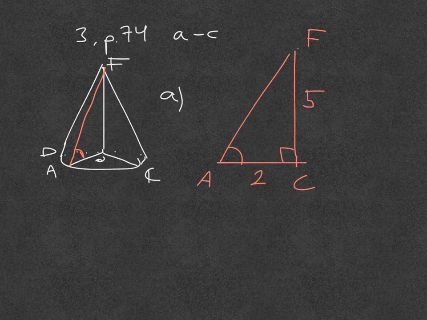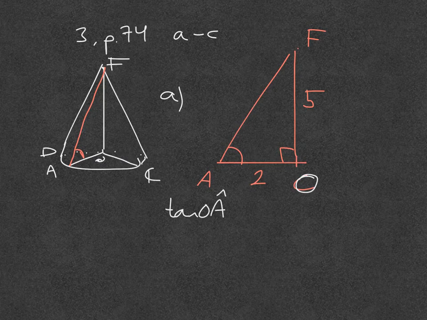So we can use tangent here. So tangent to A, or rather, oh, this is not C, this is O. Tangent to OAF is 5 divided by 2.